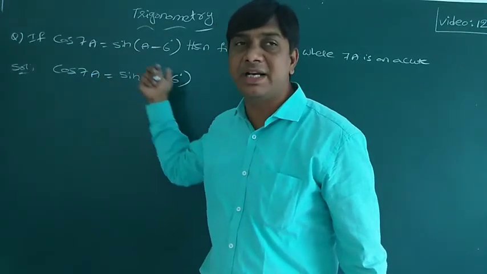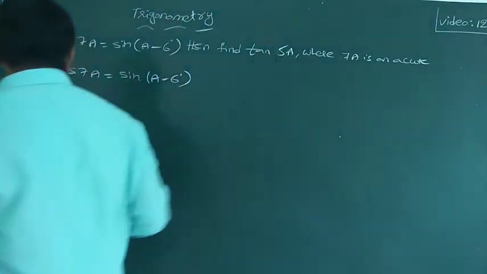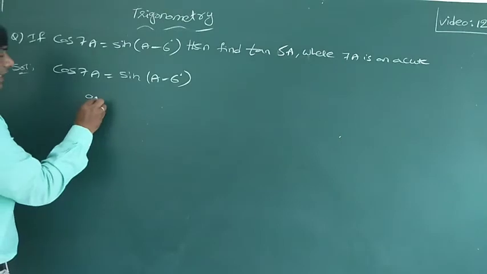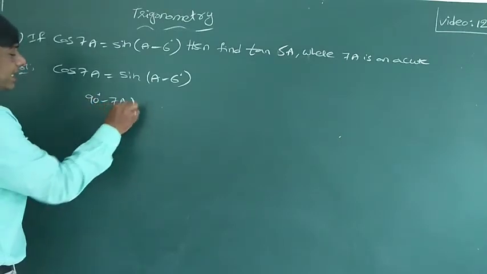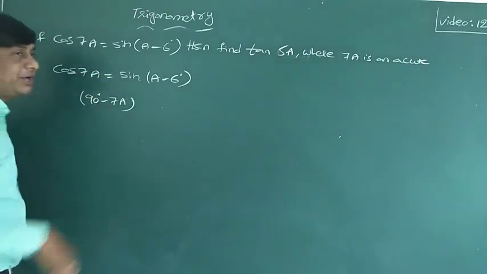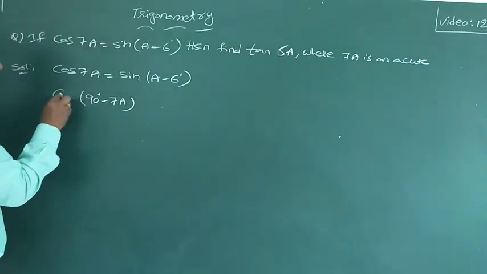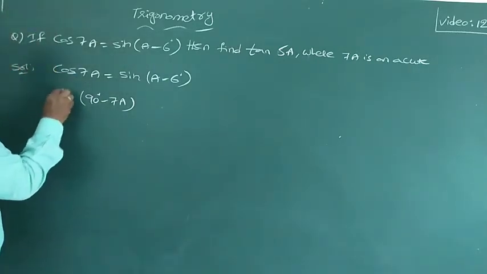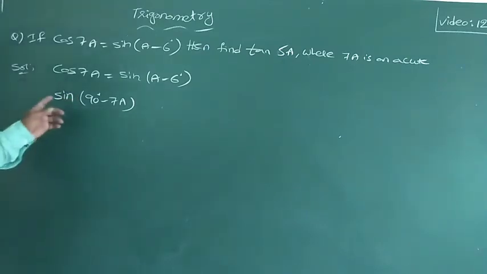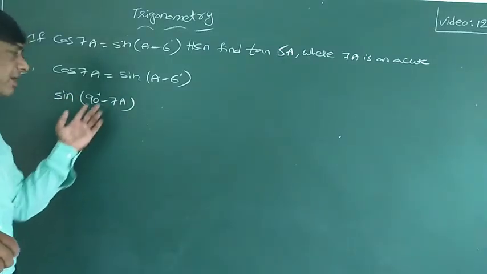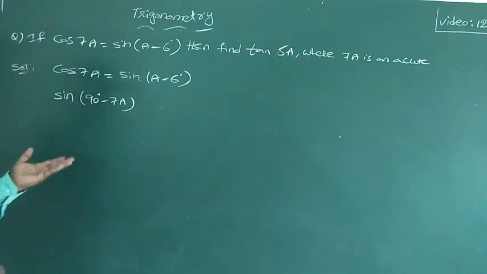Here binomial is there, so I will take this one only. So 90 degrees minus 7A. The given angle only you are subtracting from 90, so obviously this cos becomes sin, because sin (90 minus theta) is cos theta. Cos theta means cos 7A, the same you will get.